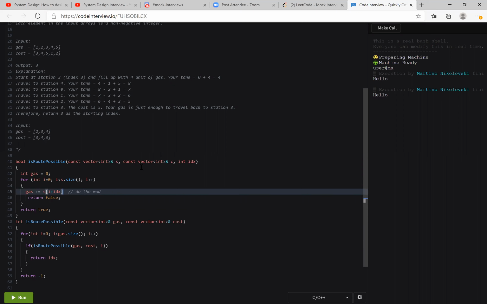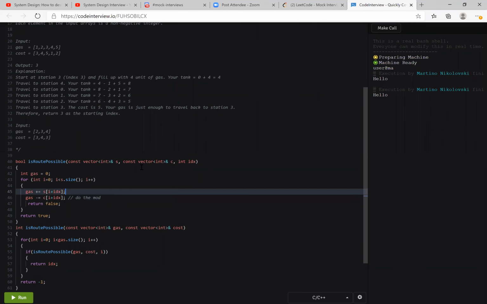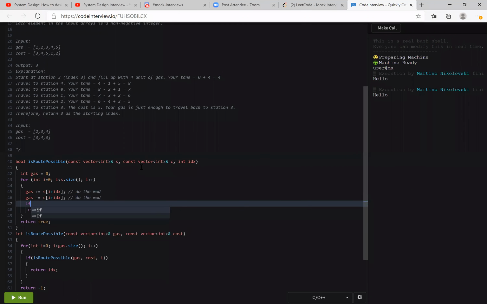So this is the gas at this index, but when I go to the next, gas becomes minus this. So let's say it's equal to cost of, and do the mod here also. And if gas is, so we keep going.